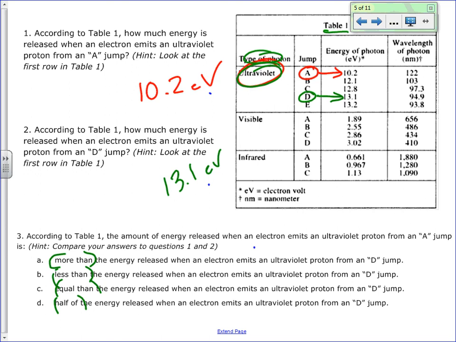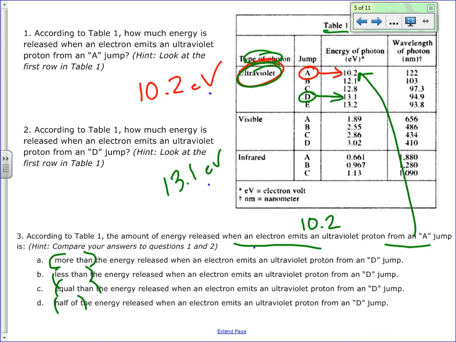All right, so as we're looking at these answer choices, the first part that we're given, what number is that equal to? 10.2. Perfect. We already found that out. When an electron emits an ultraviolet photon from an A jump, we already found that. So we know 10.2. And then the second half of all of our answer choices, what number is each of those?